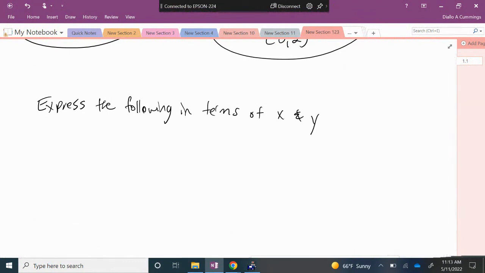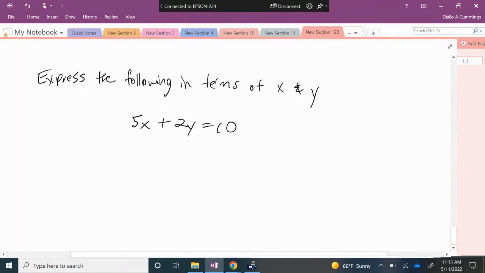Now, I believe in the homework, it just asks you to express things in terms of x, but we'll do x and y. All right, so we're given this equation, 5x plus 2y is equal to 10. And the first thing we're going to do is express in terms of x.